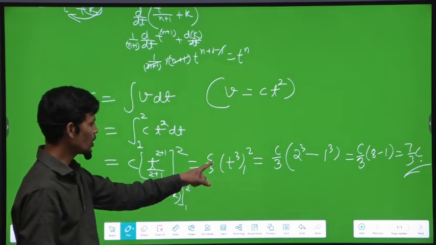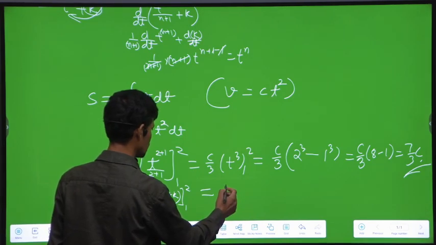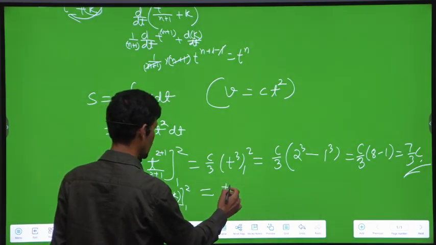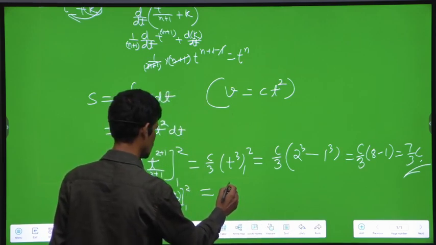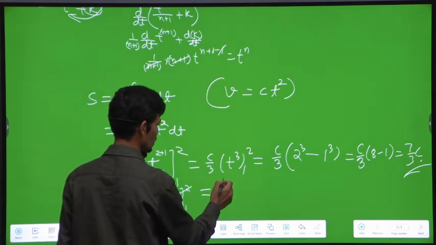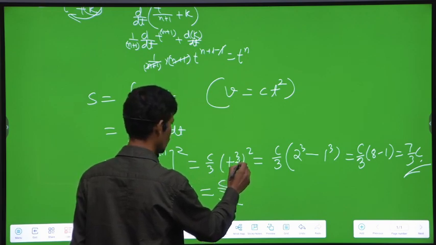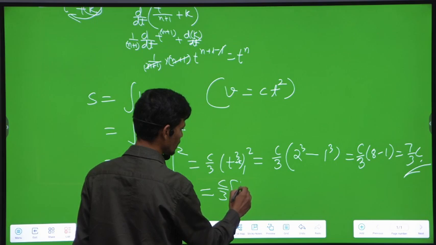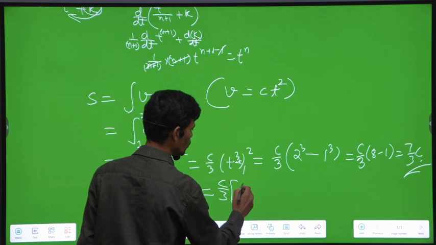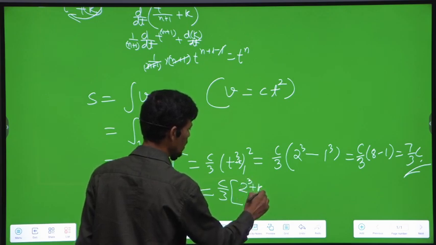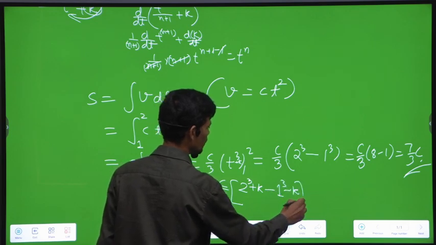and when I am putting the limit, what will happen? In the place of t, first I have to write 2, so it will be c by 3, and then here there is plus k also, so it will be 2 to the power 3 plus k, and then minus 1 to the power 3 minus k.